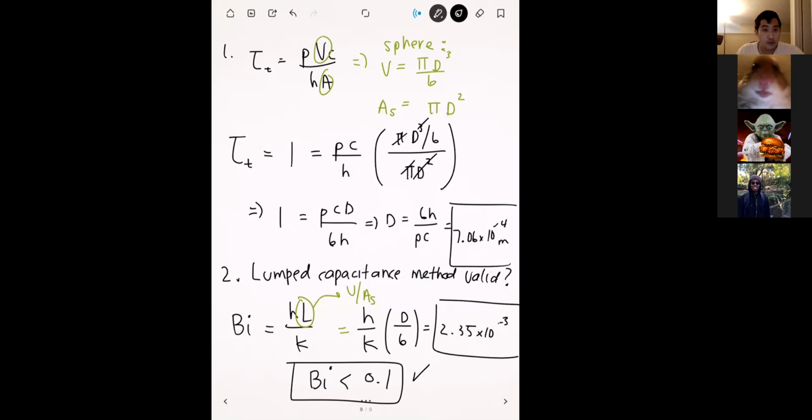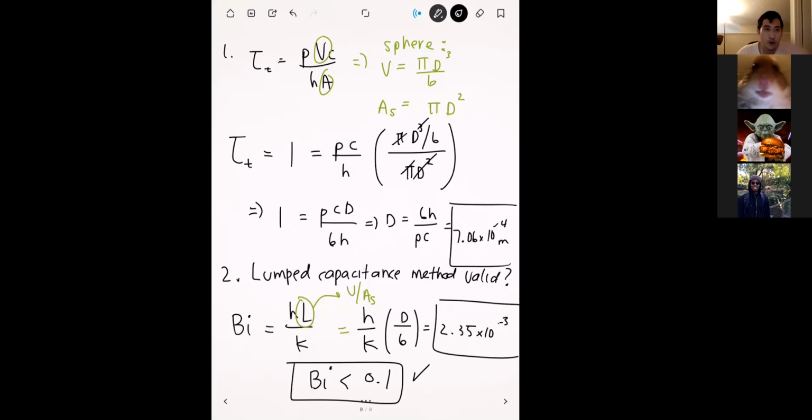Could you explain again how you got L to be the volume over the surface area? Yeah. In this case, it's a sphere, and you can argue that for a sphere you have a length that's very clear, which is the diameter. But let's assume our thermocouple was some kind of weird amorphous shape.